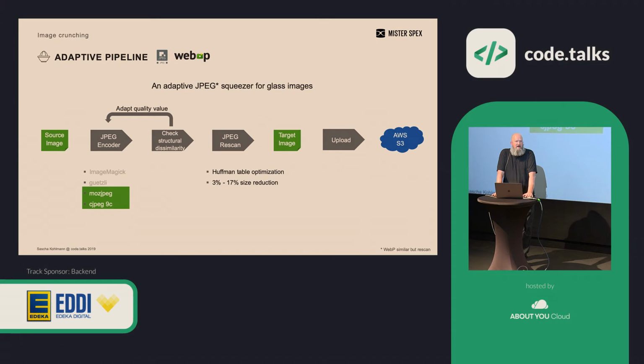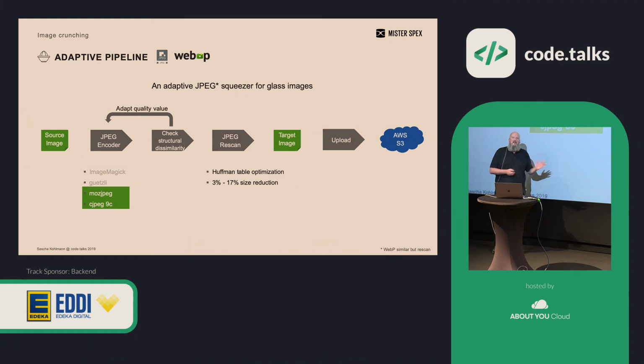Then when we find the optimal image, we do a JPEG rescan to squeeze it out again, depending on the tool, 3 to 70%. When you're doing it with Photoshop, you can resize it to make it up to 25% smaller. This rescan optimizes the Huffman table.